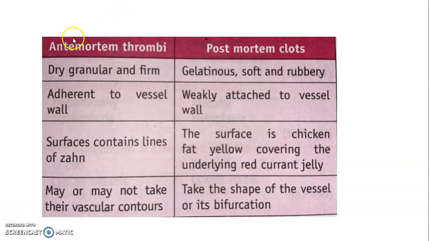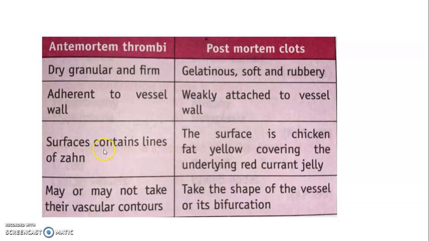Now coming to differences between antemortem thrombi and postmortem clots. The antemortem thrombi are dry, granular and firm, while postmortem clots are gelatinous, soft and rubbery. Antemortem thrombi are adherent to the vessel wall, while postmortem clots are weakly attached to the vessel wall.